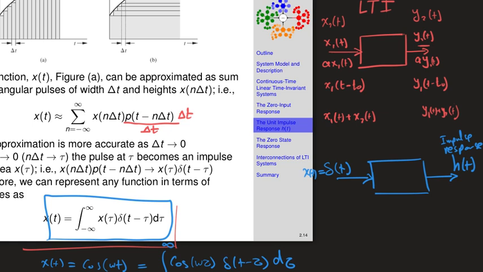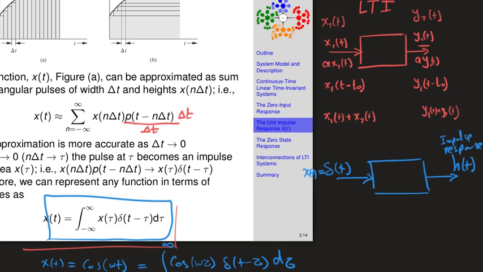It's a function of the integration variable tau. So each term is just a delta shifted by some value and scaled by some value. If I know that for a delta without shift and scaling I get h of t, and I shift it by tau, what do I get? h of t minus tau. And if I scale it by this factor, I get h multiplied by the factor.